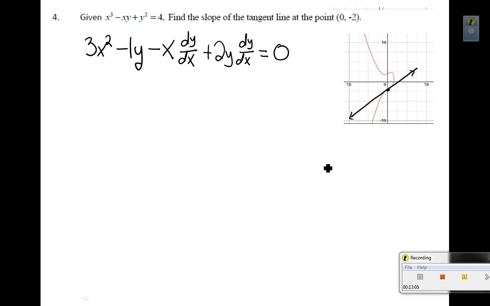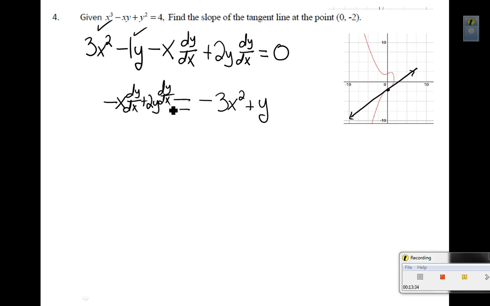I'll go ahead and do all the steps on this one. I'm going to move the 3x squared to the right and the negative 1y to the right. So I'm going to have negative 3x squared plus 1y. But notice over here I've got the opposite of x, dy/dx, plus 2y, dy/dx.